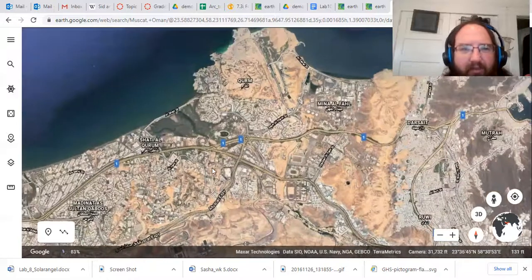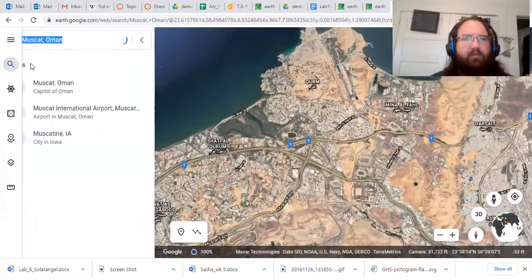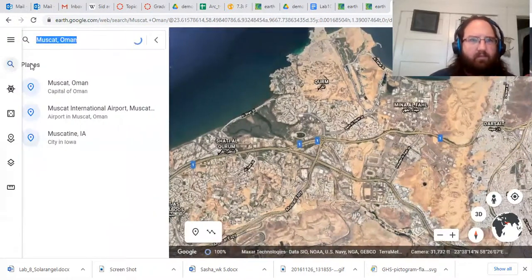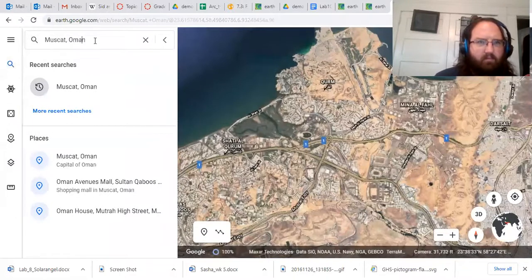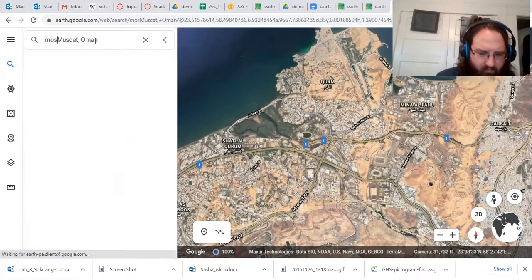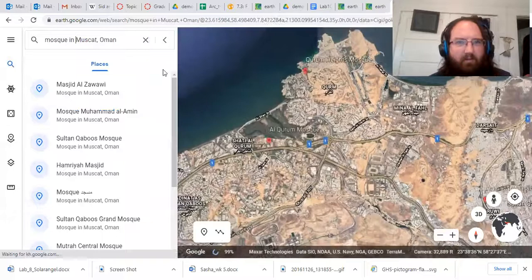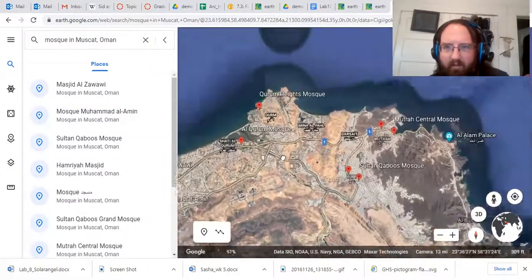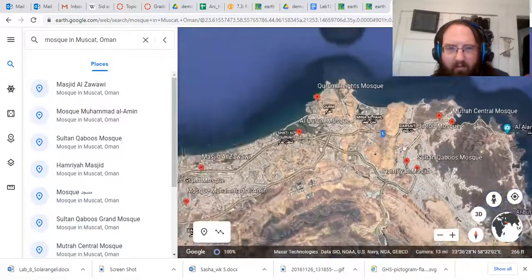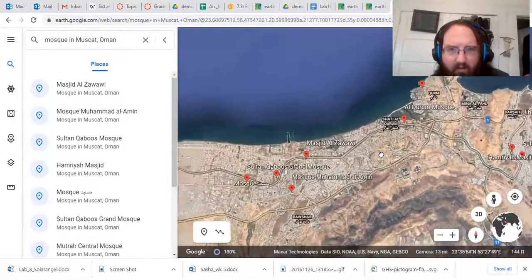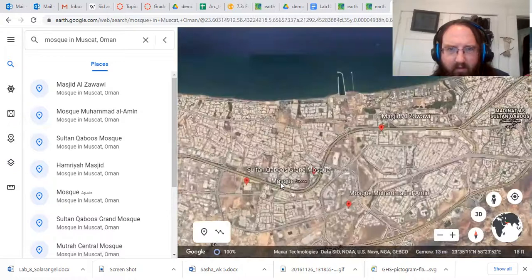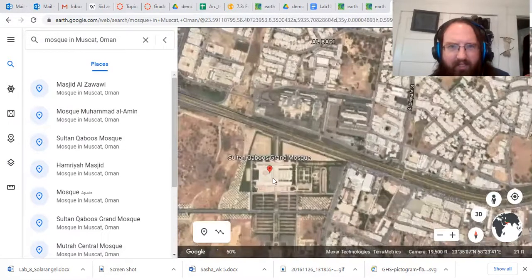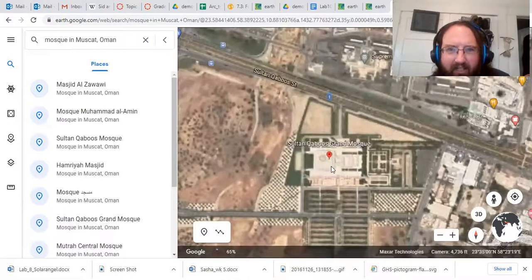I'm trying to find the mosque here, but oh, there it is.